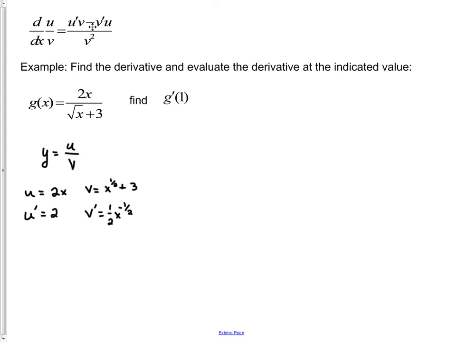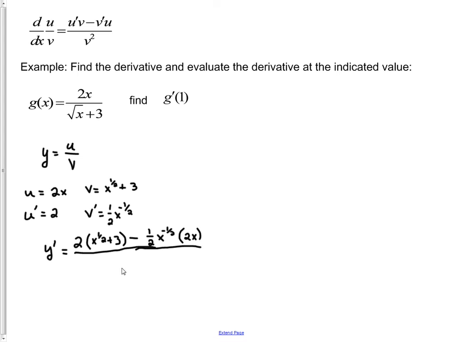So, using my rule, we're going to find the following. y prime, that's the derivative of y with respect to x, is going to be equal to u prime v, so that's 2 times x to the 1/2 plus 3, minus v prime u. v prime, that's 1/2 times x to the negative 1/2, and u is 2x.